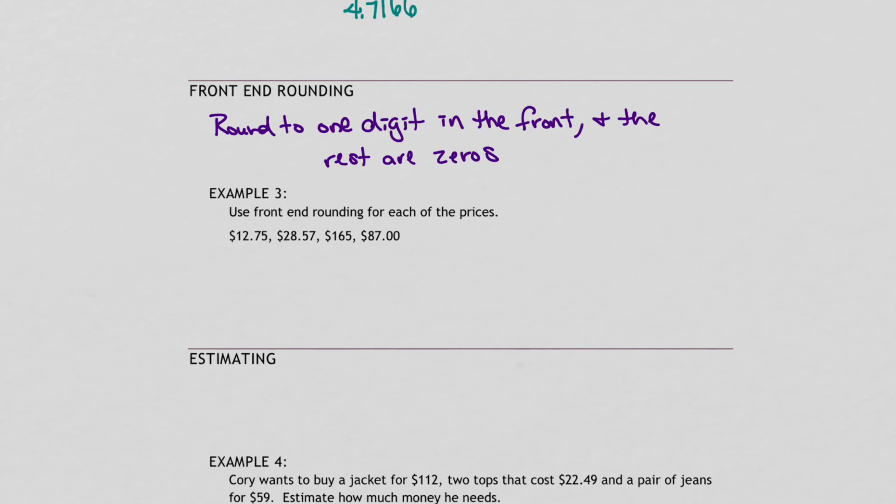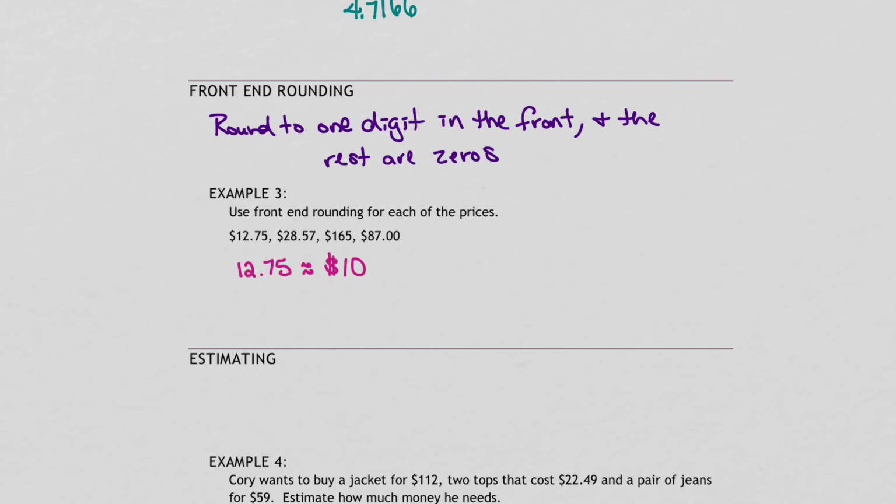So what that means for us in example 3 is that 12.75 would round to $10. We're only taking the first number, the 1, and rounding it up.